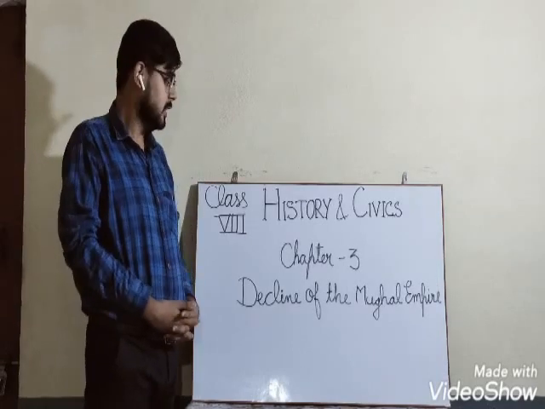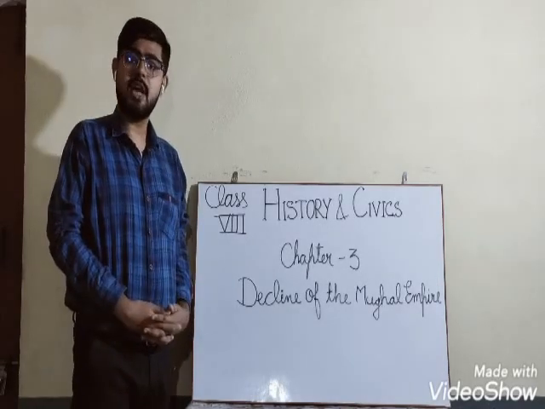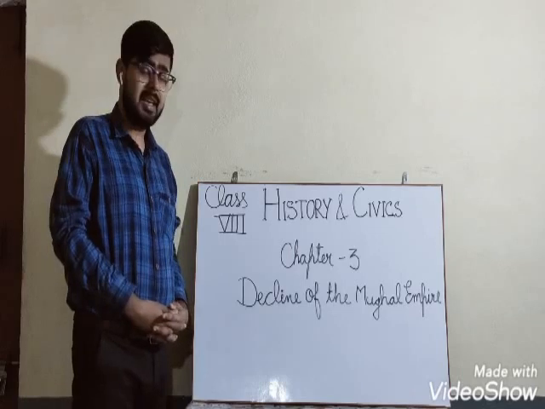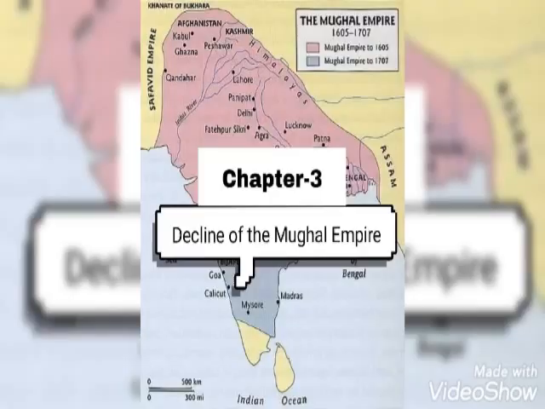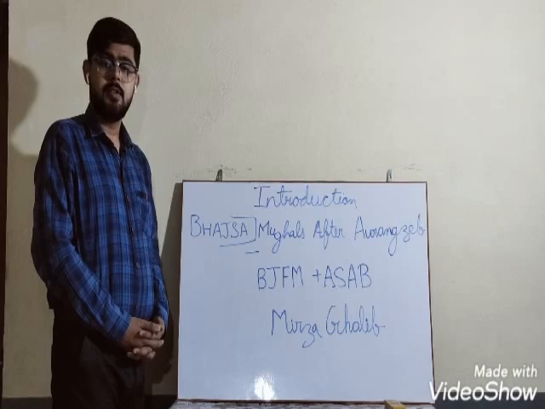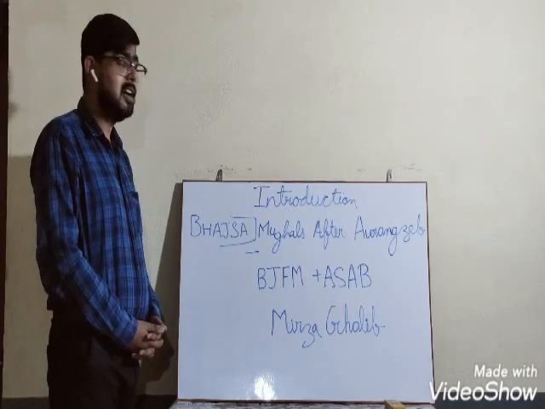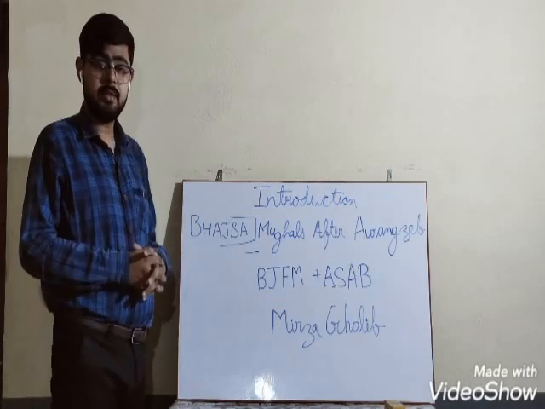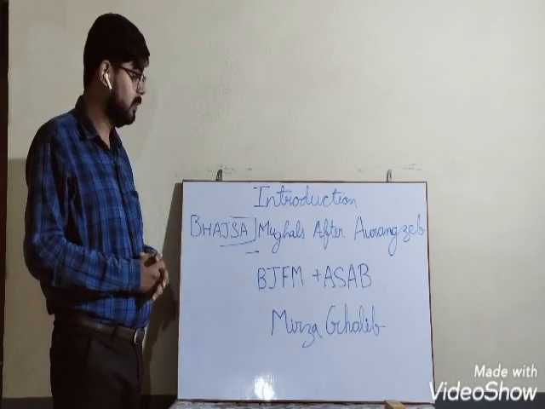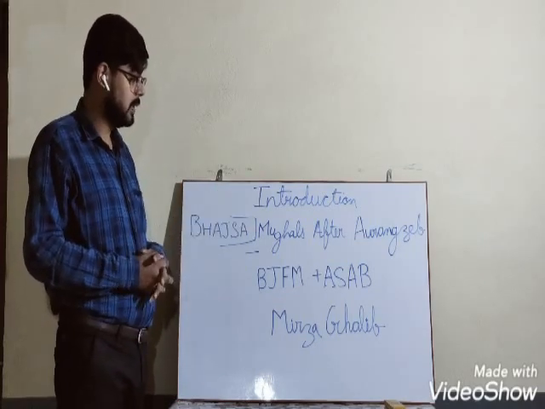Dear students, today we are going to start chapter 3, the decline of the Mughal Empire. In today's class we will start with the introduction of the chapter, Mughals after Aurangzeb.